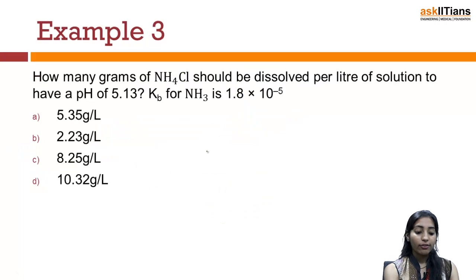Let's further come to another example that has been given to us. The example is, how many grams of NH4Cl should be dissolved per liter of solution to have a pH of 5.13, and the Kb for ammonia is given to be 1.8 into 10 to the power minus 5.